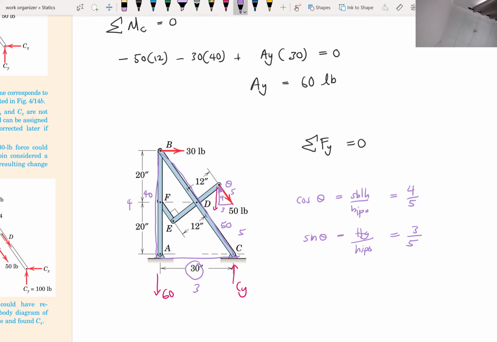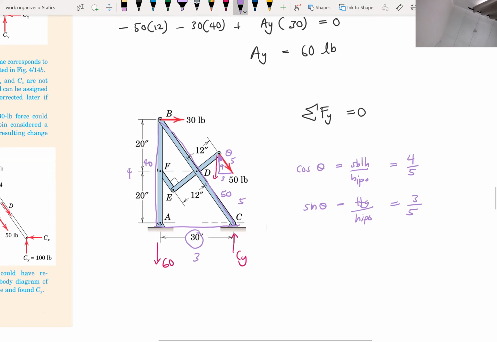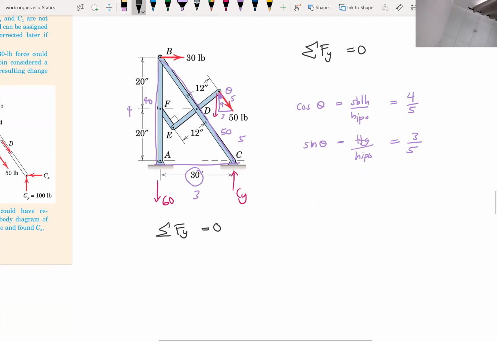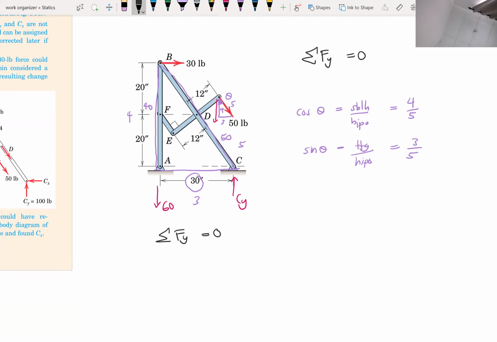So we want to know the summation of Fy equal to 0. We have negative 60 plus Cy minus 50 cos theta equal to 0.